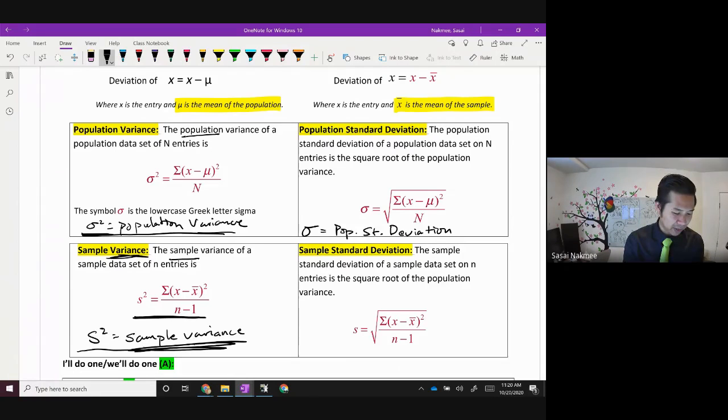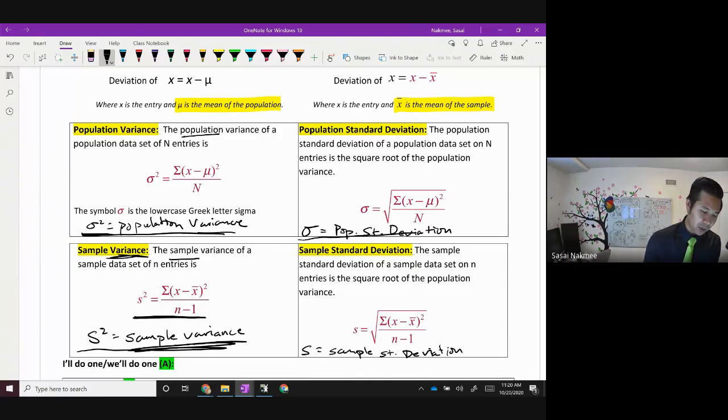We call that sigma by itself. And if you're looking at S by itself, that is the sample standard deviation. I abbreviate standard just because I'm too lazy, but you could write out the whole word. All right, so these are new symbols that I hope you write down somewhere, and you will learn them over time. You have to know them, but this is just us starting it off, okay?